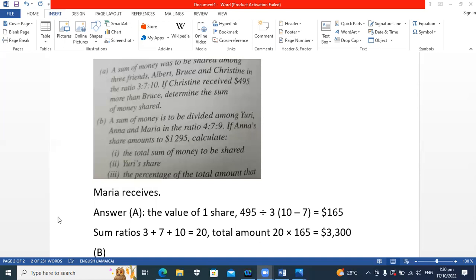Your screen is gone. It can happen to some people; let it come back temporarily. It's okay. All right, so the last question asks for the percentage of the total amount that Maria receives.